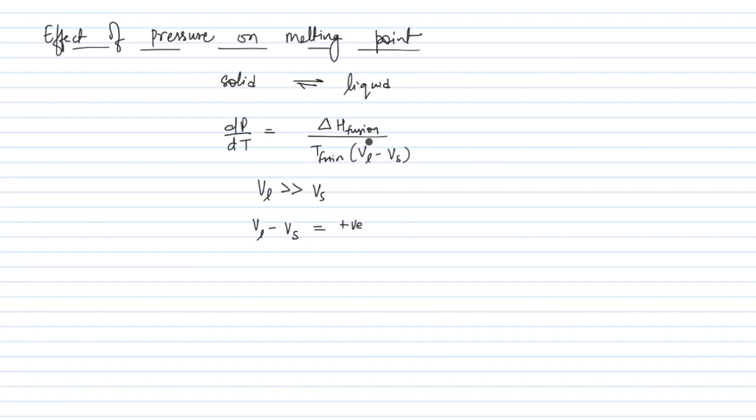So once we got this, that this is going to be a positive number, that means overall delta H of fusion will also be positive, temperature is going to be positive. So basically dP by dT for this term is going to be a positive term. So what we can say is that the melting point of such substances is going to rise with the increase in pressure. Okay, so this is going to be applicable for all those systems in which the volume of the liquid phase is actually greater than the volume of the solid phase.